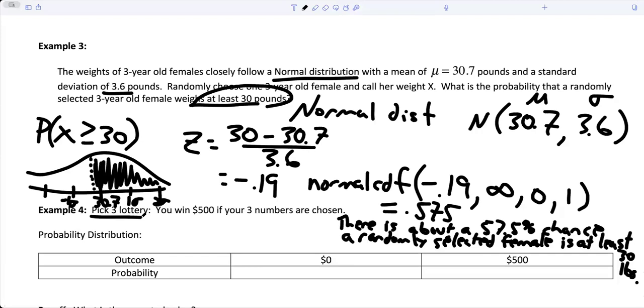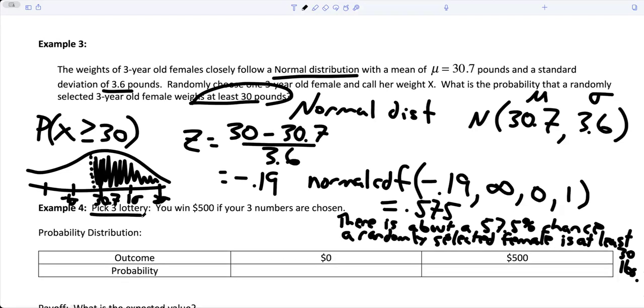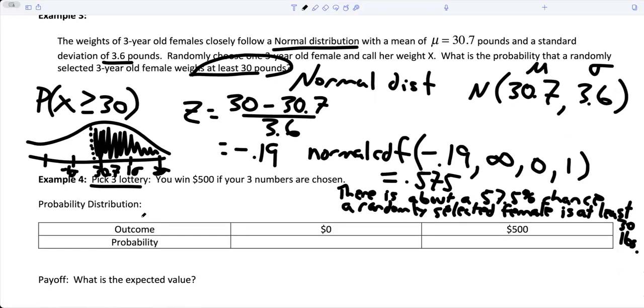So my probability distribution has 2 outcomes: I either win $0 or I win $500. What is the probability that I pick one digit at random? It would be 1 out of 10, right? There's 10 digits, 0 through 9.